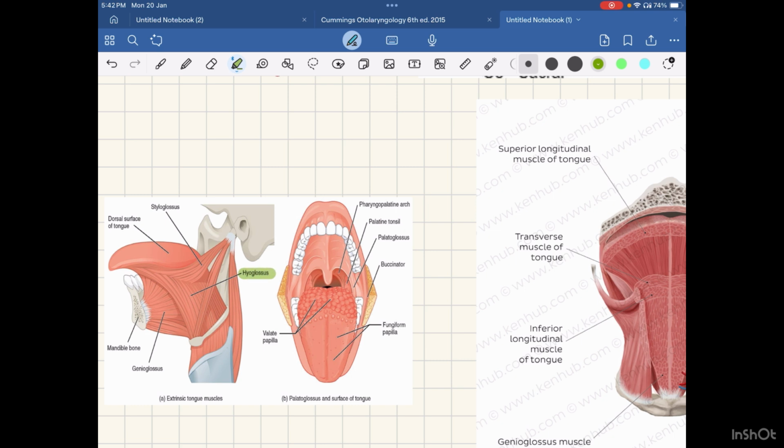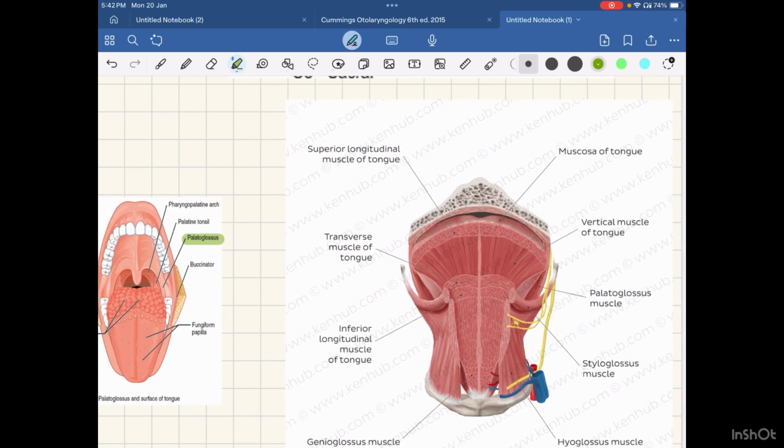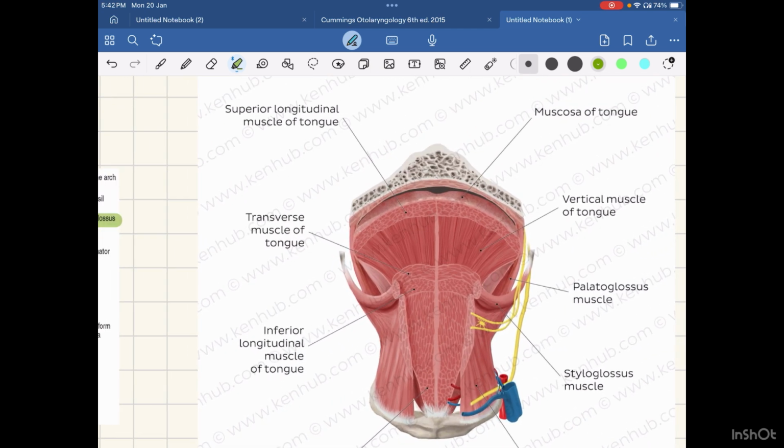We see hyoglossus, styloglossus, and genioglossus, and we have palatoglossus. We can see here in this diagram also. This is the mucosa of the tongue. We have discussed the special and the general sensations of the tongue. These are the superior longitudinal muscles of the tongue, the transverse muscle of the tongue, inferior longitudinal muscle of tongue, styloglossus muscle, vertical muscle of tongue, and all of them are supplied by what?